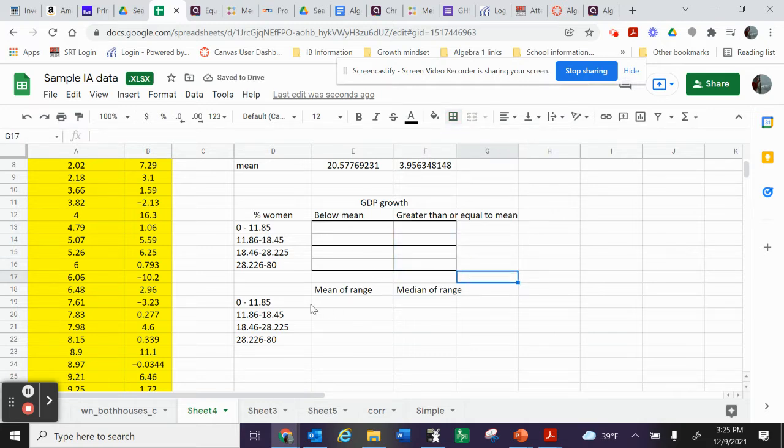But what you're going to do is look at the mean and median of each individual range. So not only the overall mean and median, but how does it change in each range?